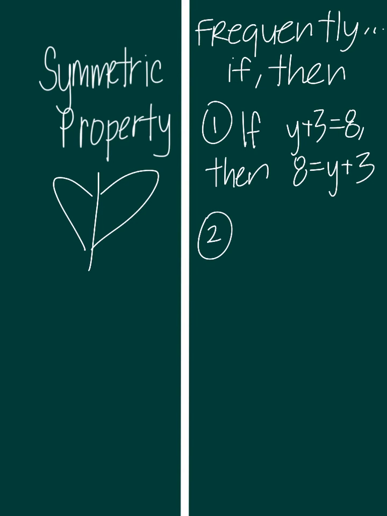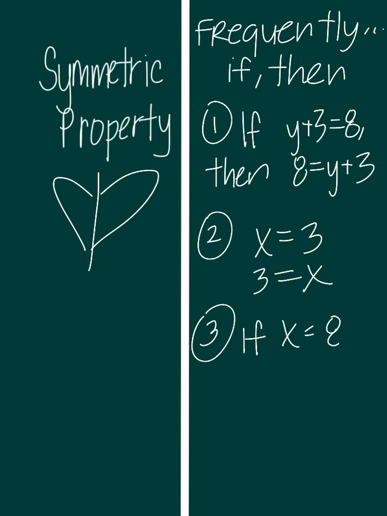Another example would be like x equals 3, 3 equals x. Notice that time we do not have the words if then. If x equals 8, then 8 equals x.